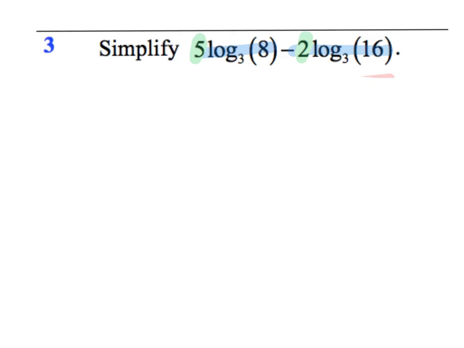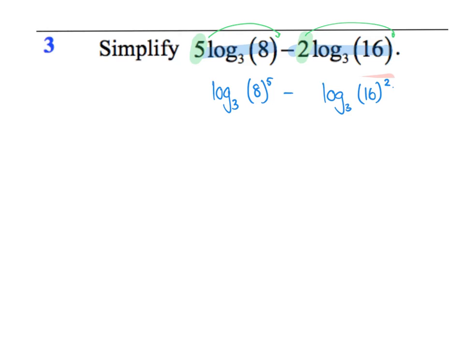So what happens when I move that? I can make it a power here, can't I? Yes? So I'm going to write that as log base 3 of 8 to the power of 5 minus 2 log base 3 of 16 to the power of 2.